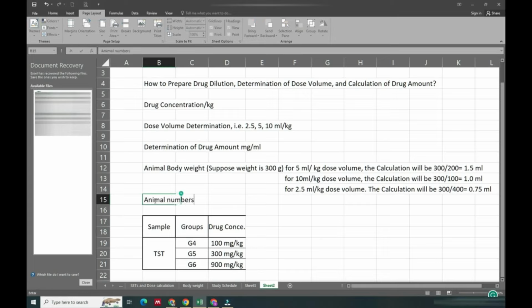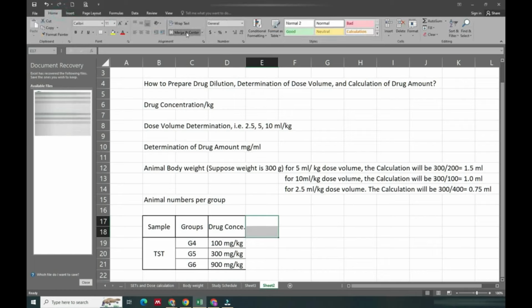Then the last point is the number of animals per group that you have to consider. Now we will go ahead and complete this table, and by this you can easily calculate the dilutions. So here first we will take determination of drug amount in mg per ml.